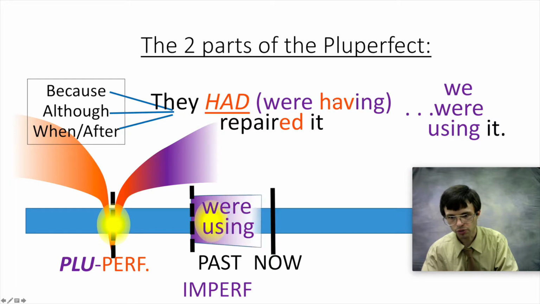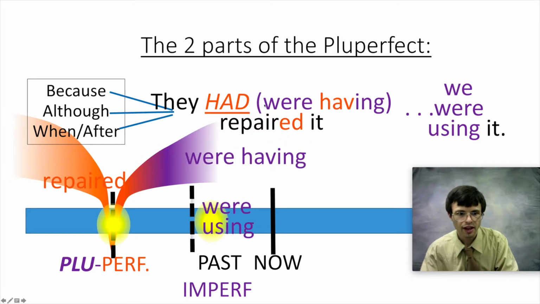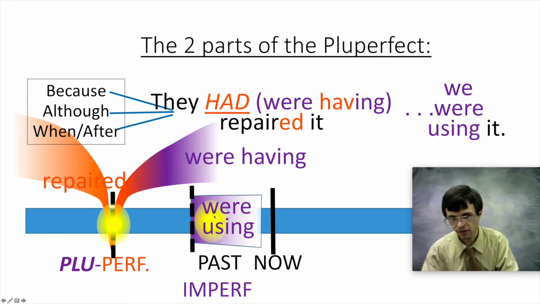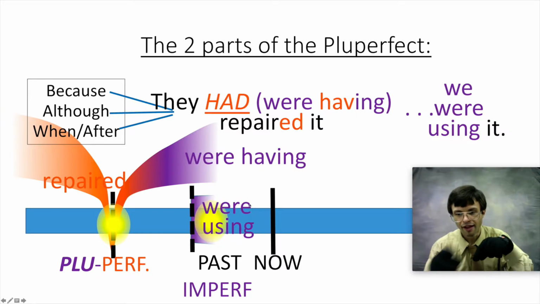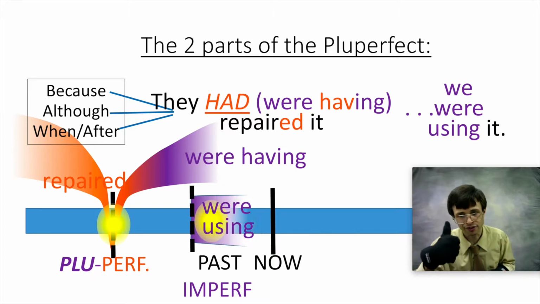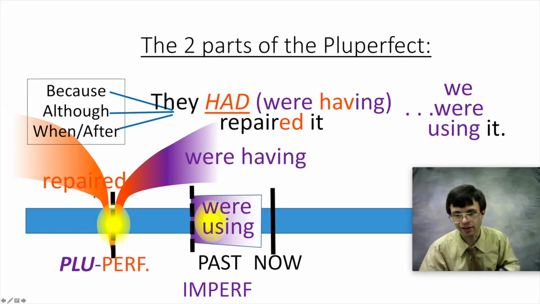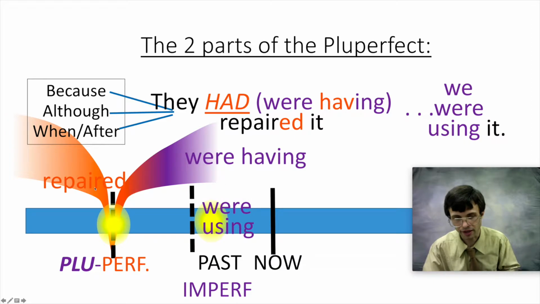For instance, you can think of it as while we were using it, they were in a state of having what? Having the situation repaired. See that? While we were using it, they over there were standing pretty because they had it under control, having it repaired all the way further back in the past.